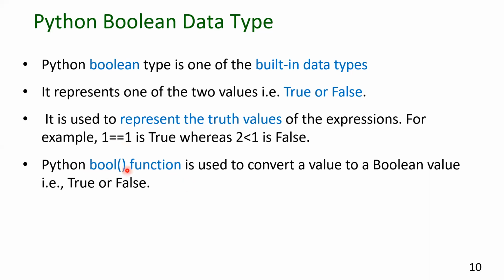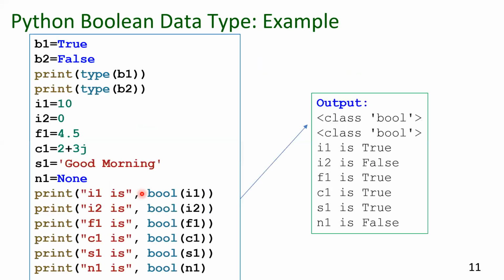Python bool function is used to convert any given value to a Boolean value. So the Boolean values can include only either true or false, whereas other data types can include any values. Let us observe by using an example where there are two Boolean variables, b1 which is assigned as true and b2 which is assigned as false.